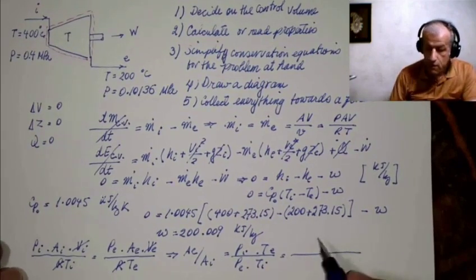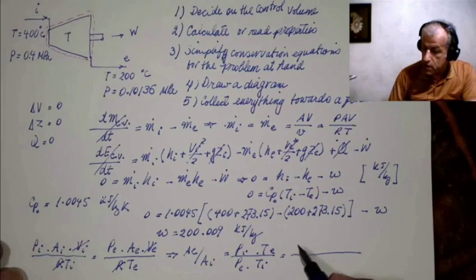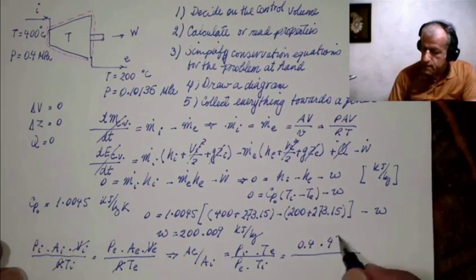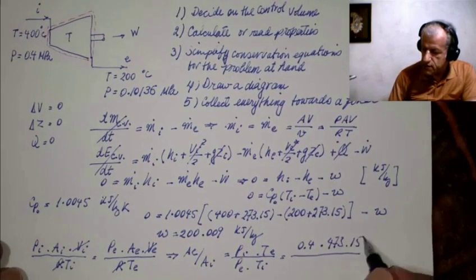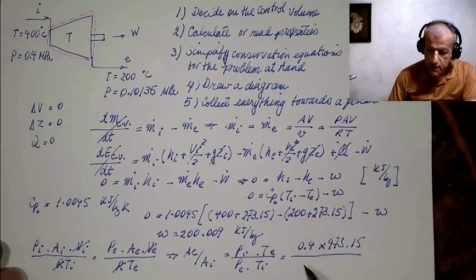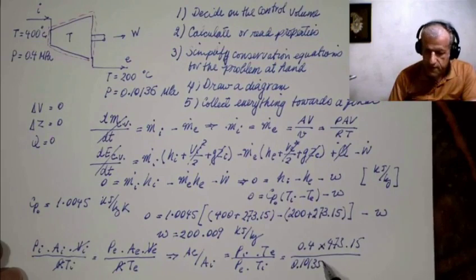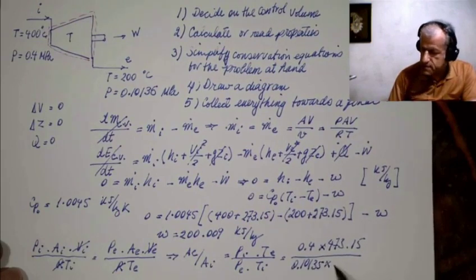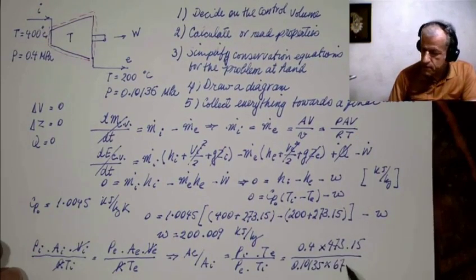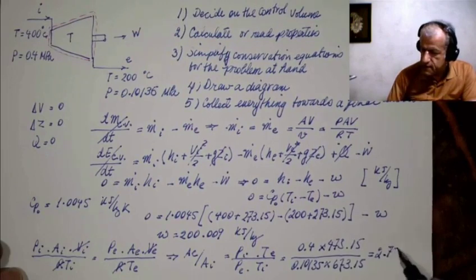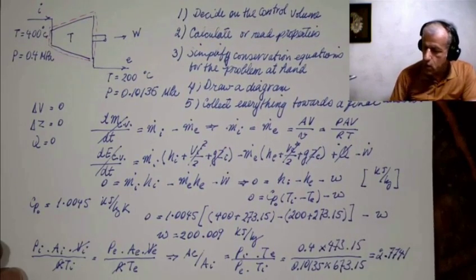and therefore we can write down 0.4 times 473.15 divided by 0.10135 times 673.15, and the answer would be 2.741.